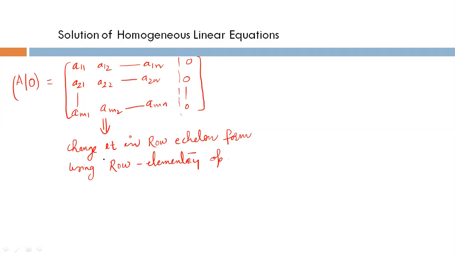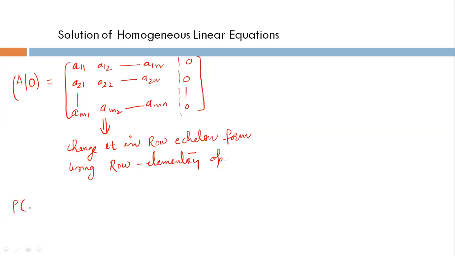We can use only row operations due to this single column. The column is 1, so we cannot use the column operations. Now, same operation we have to apply for the null matrix, but in the case of null matrix, all the entries are 0, so there will be no effect of row elementary operations in this null matrix.